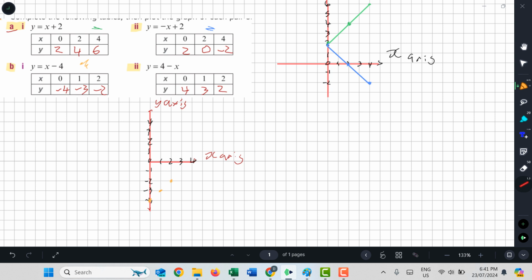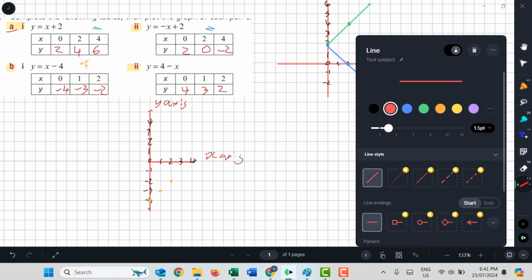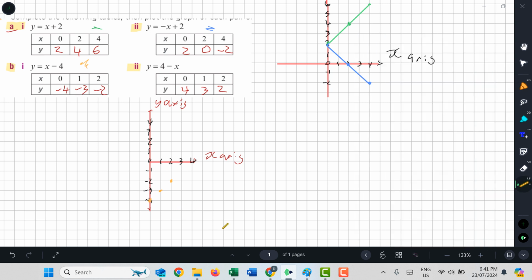There's that one. I'm going to pick the line, yellow, and do that with mouse because it looks a bit neater. There we go. I should connect the dots a little bit better than that. I don't know why it's gone a bit wonky, but yes, the dots have got to be all connected.